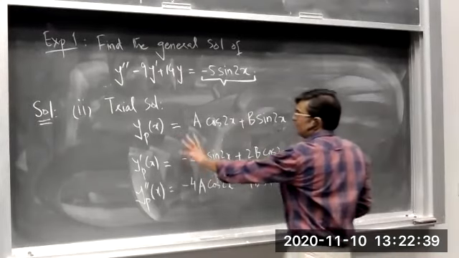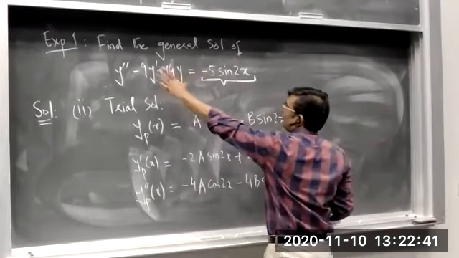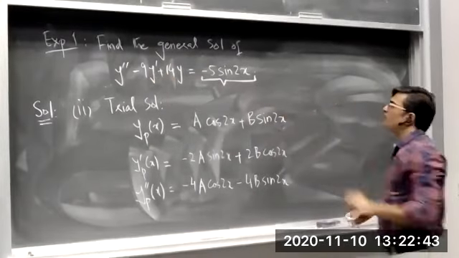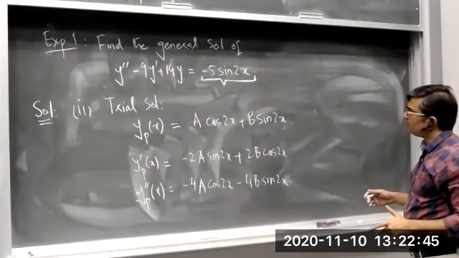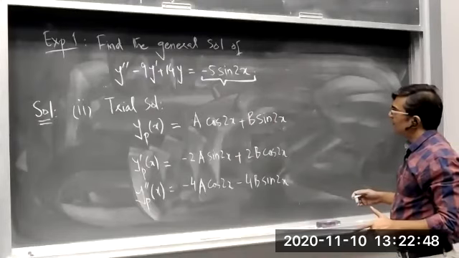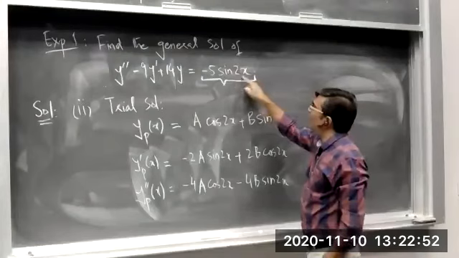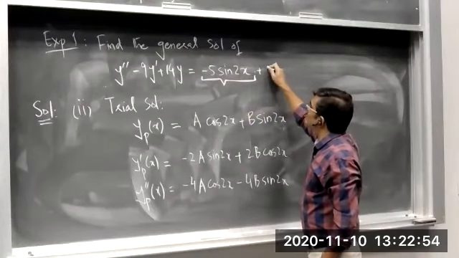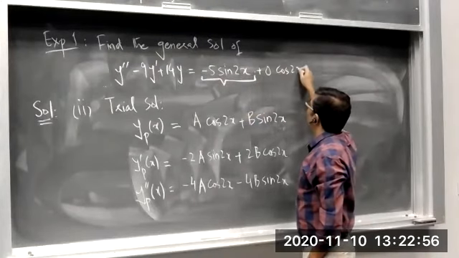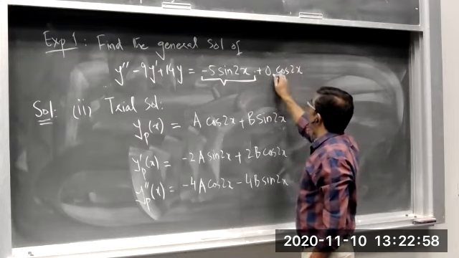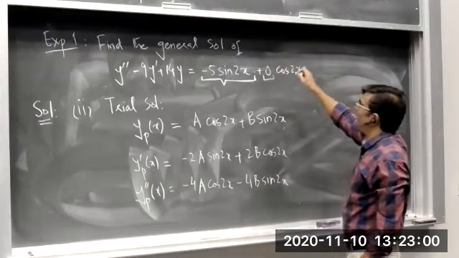Now inserting these expressions into this differential equation and then comparing both sides, we can compare the coefficients of sine 2x and plus 0 cos 2x. The coefficient of cos 2x you can assume here is 0.